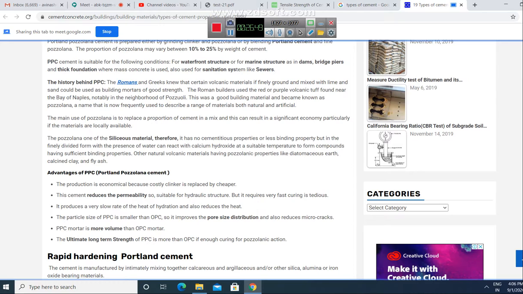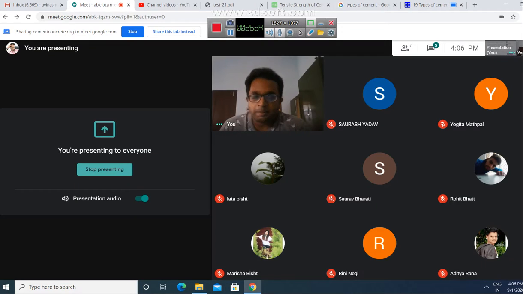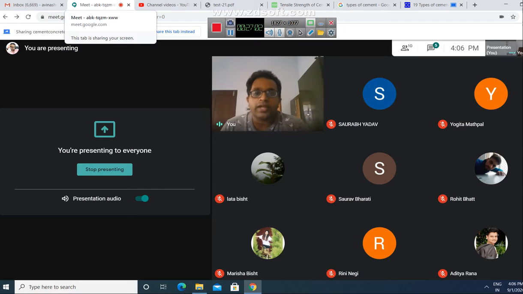Next, this cement will reduce the permeability. What do you mean by permeability? Permeability means if a concrete structure is constructed that is porous in nature, it means that it will have a large number of pores on its surface. And these porous substances will have an ability to transmit some fluids through its pores. So if pozzolanic material is used in cement, we get a Portland Pozzolana cement.